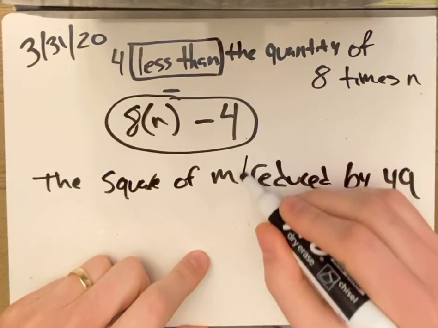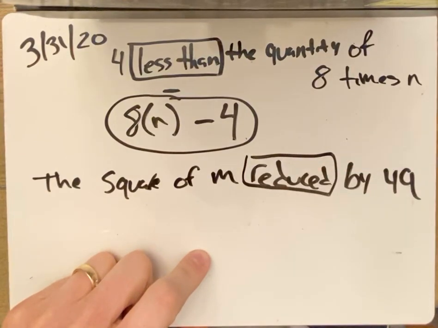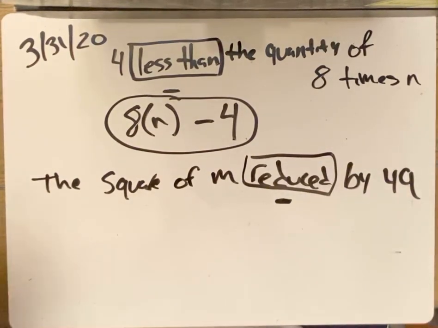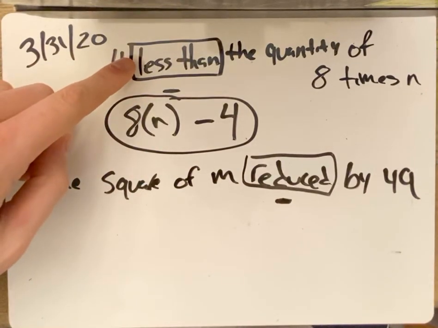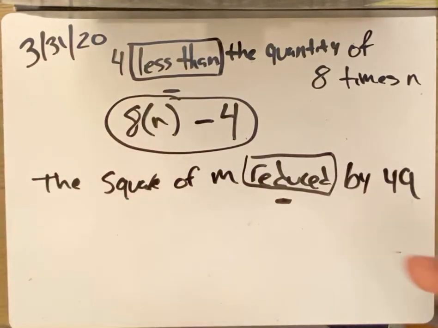Reduced. What does reduced stand for? Subtraction. This one is a little different from the last one. That's why I picked this, because the other has to be written backwards because it's 4 less than. But this one is just written as you would read it.